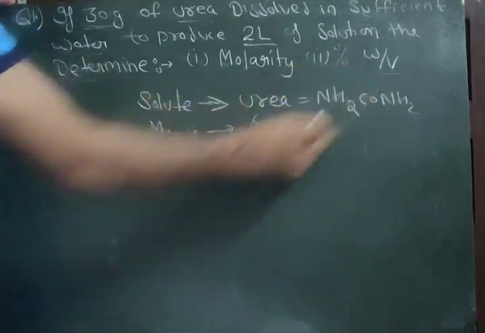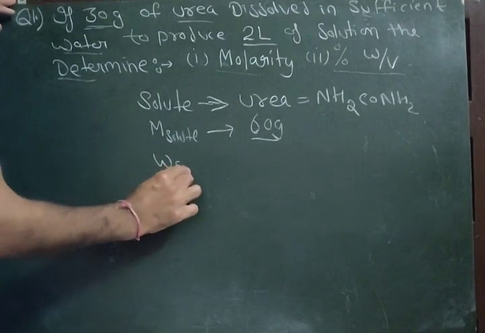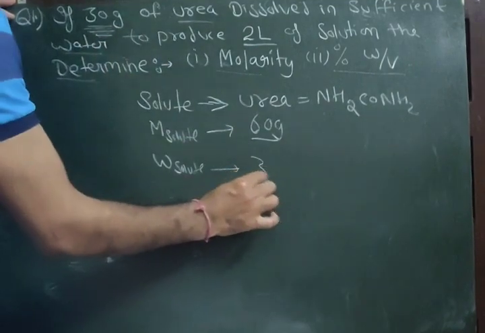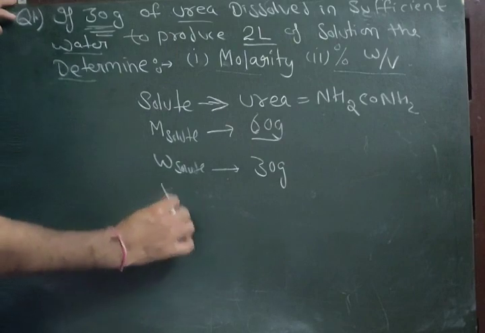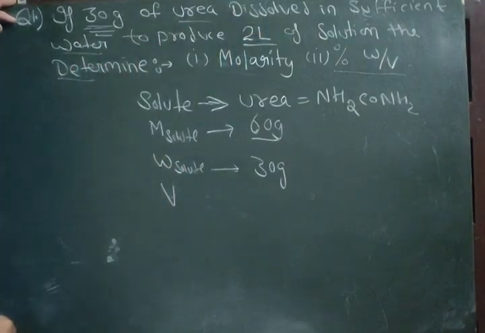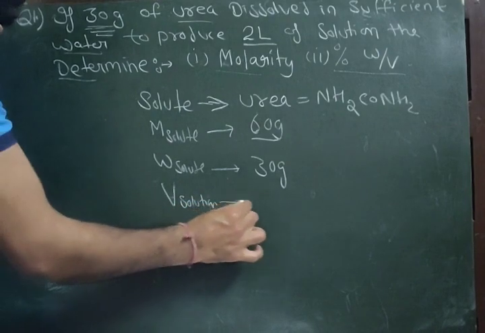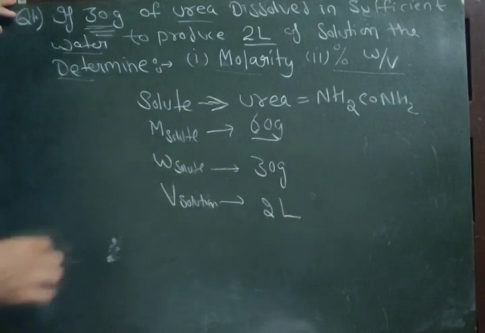The given mass of the solute is 30 gram, so write it there. The volume of the solution is already given in liters, so no need to change it.